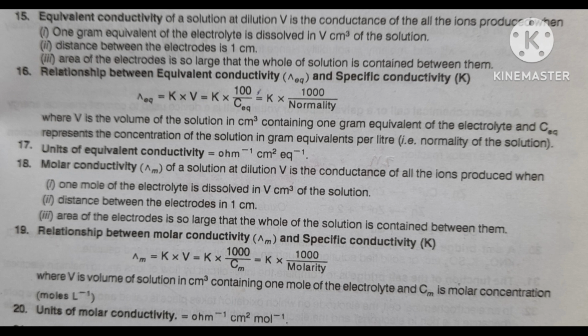Again I am telling you, K's unit I already told you is ohm inverse per centimeter. Then in the formula I put ohm inverse per centimeter for K, 1000 divided by normality. Correct? Normality means per equivalent.